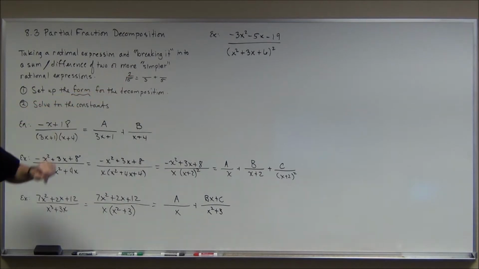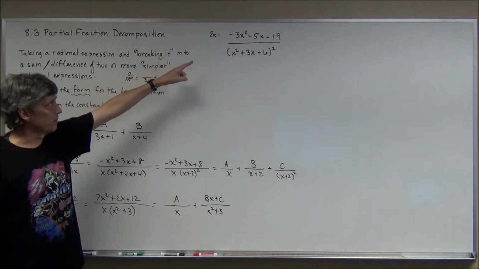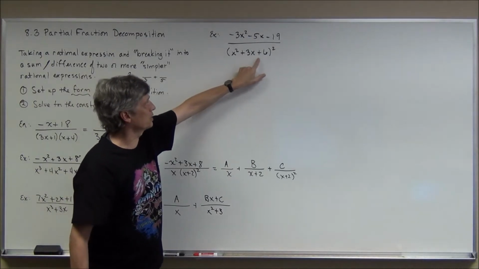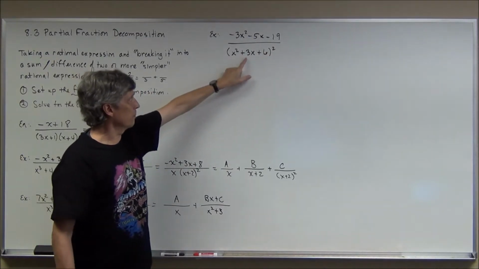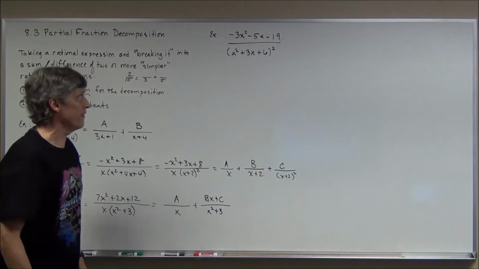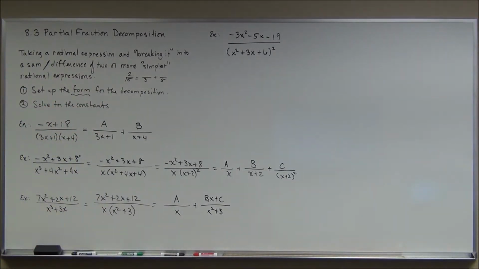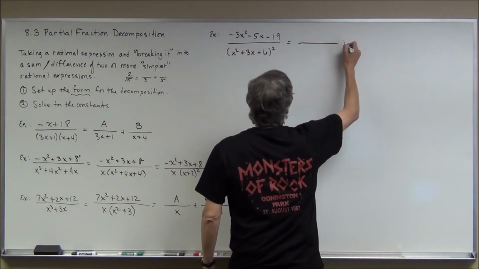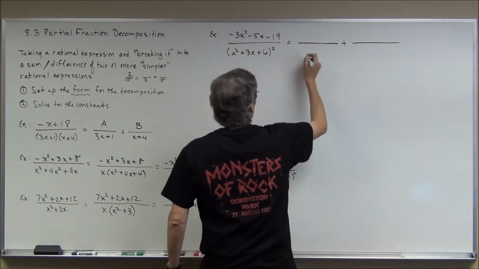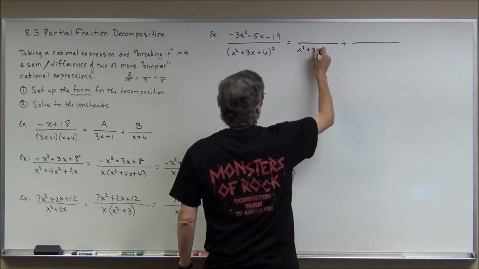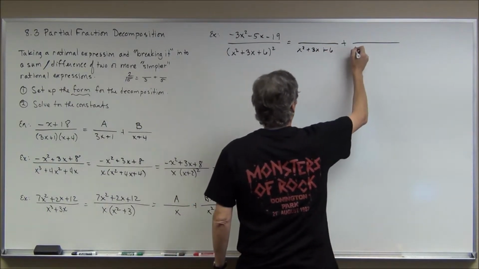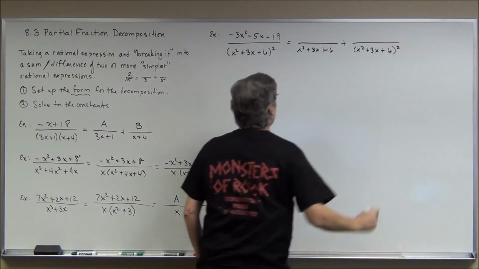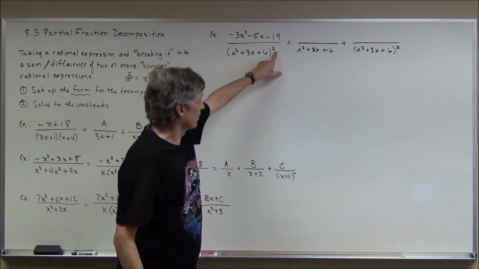In fact, look right up here. In this last example up here, the denominator is x squared plus 3x plus 6 quantity squared. Now x squared plus 3x plus 6, you think, well, maybe that factors. It doesn't. So what's going to happen here is you're going to have two denominators, one being x squared plus 3x plus 6 to the first power, but the other one being x squared plus 3x plus 6 to the second power, because again, it's a repeated factor.